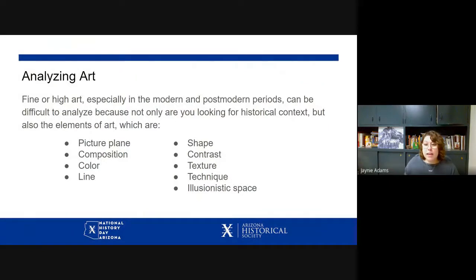Okay, analyzing art. So fine art or high art, particularly in the modern and postmodern periods, can be really difficult to analyze. The postmodern and modern periods are really marked by a rejection of realistic representations of life, right?